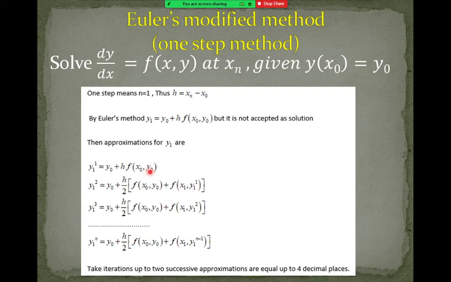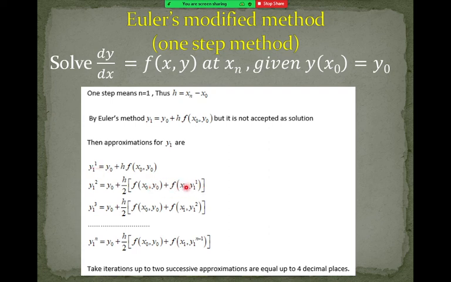Instead of keeping this as the answer, we take y12. y12 is the second approximation of y1, done by y0 plus h by 2, where we are averaging the functional value between x0, y0 and x1, y11.